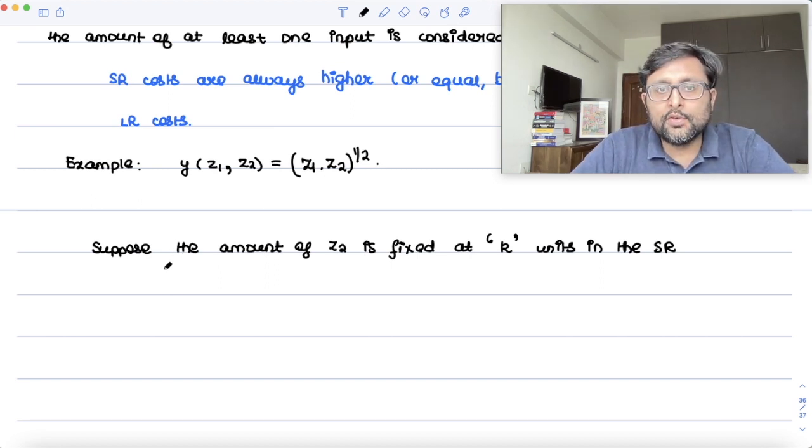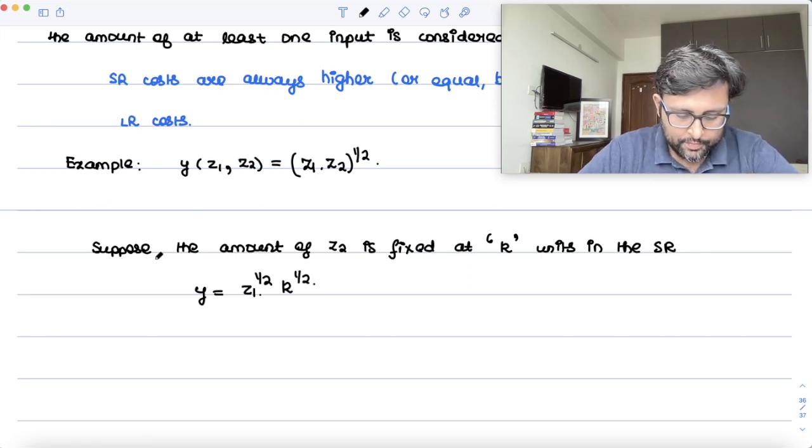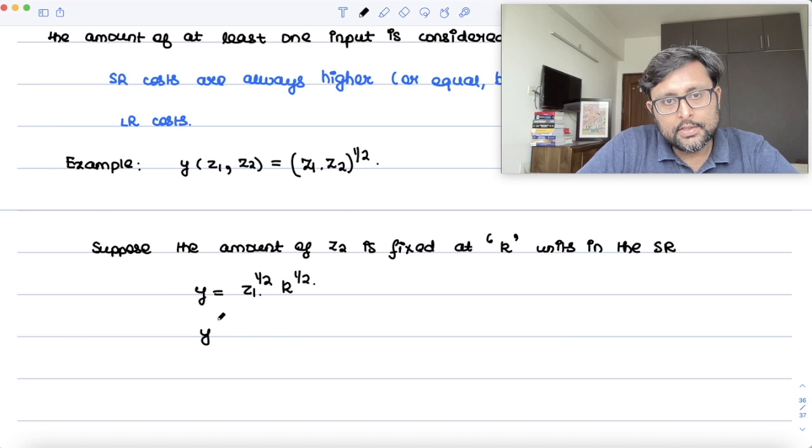So in place of Z2, I can write K. I can also write this as this, right?